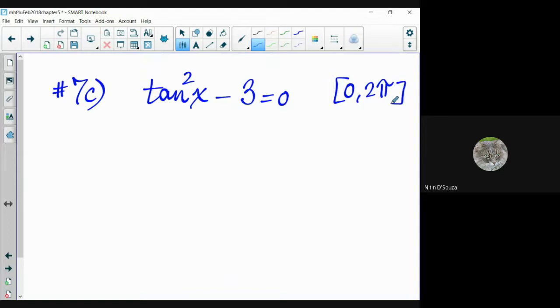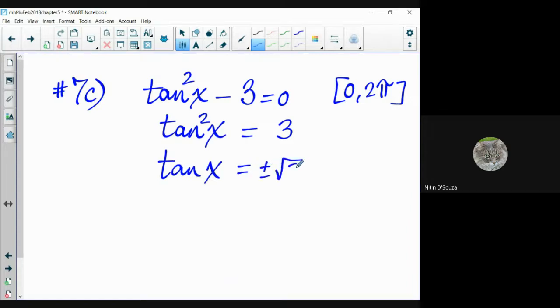From 0 to 2 pi. Okay. So this tells me that tan squared x equals positive 3. And so tan x is equal to plus or minus radical 3.